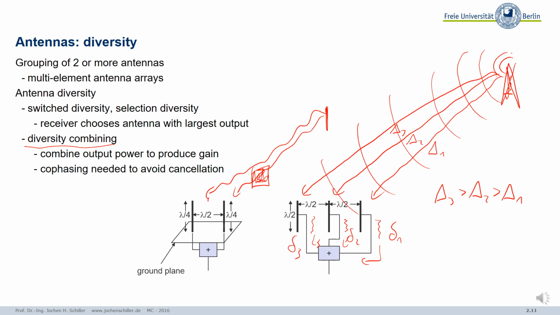And this is only for the very simple scenario with only line of sight, direct visible connection between the receiver and the sender in vacuum. We don't live in vacuum, we have buildings, we have many different things. You will see real life is a little bit more complicated than this.